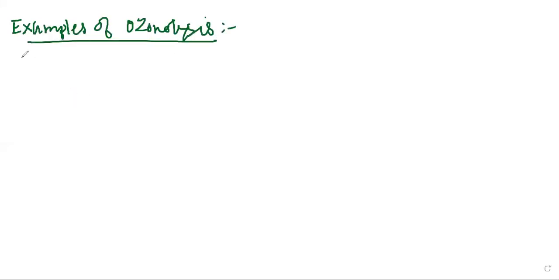Let us start with the simplest alkene, that is CH2 double bond CH2. It is known as ethene.